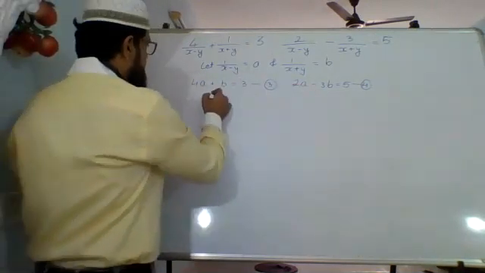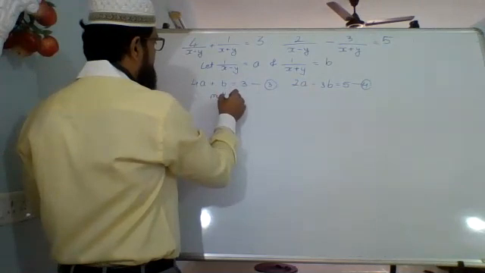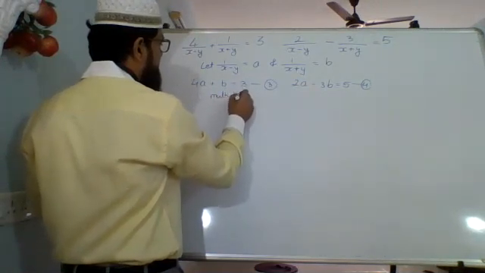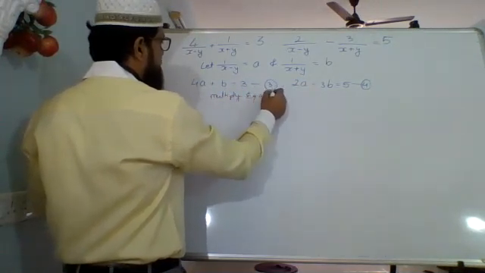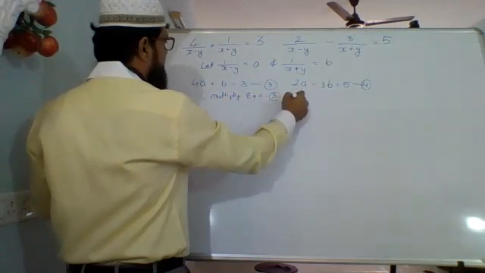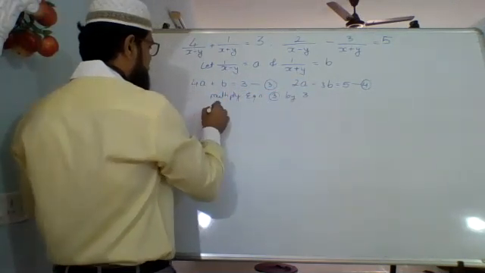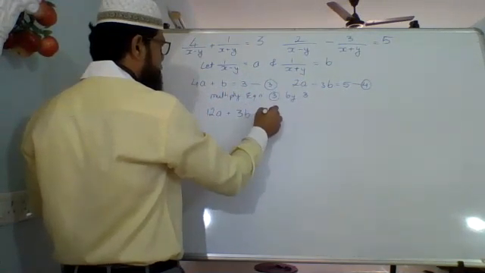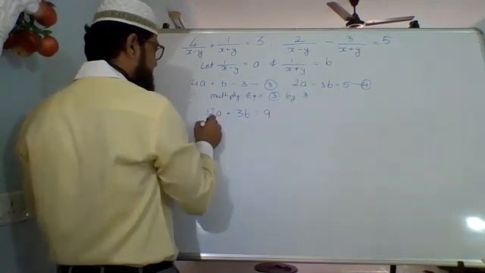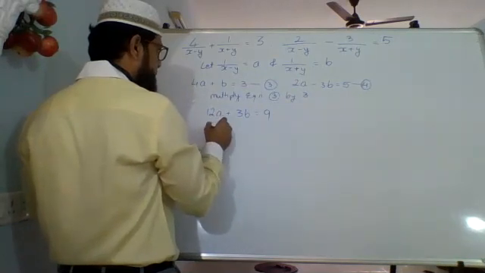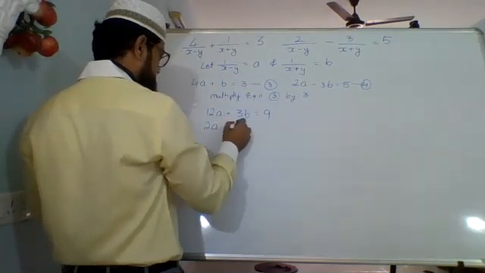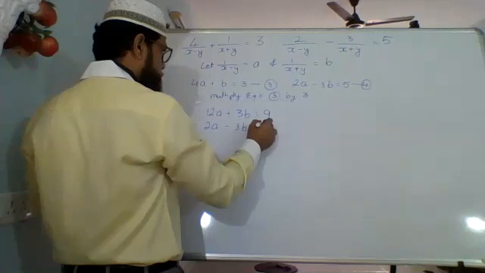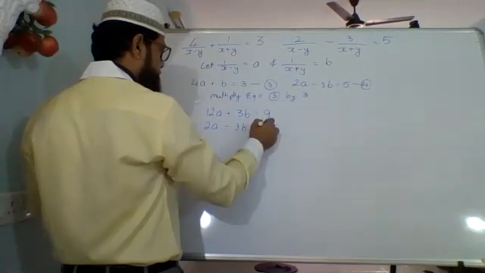So I'll multiply equation 3 by 3. I'll get 12a plus 3b equals 9. And the second one I'll write as it is, the fourth equation, 2a minus 3b equals 5.